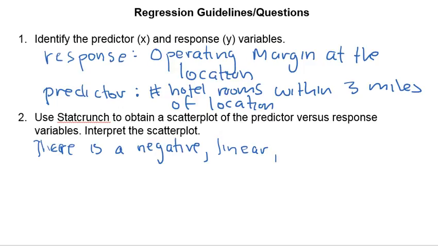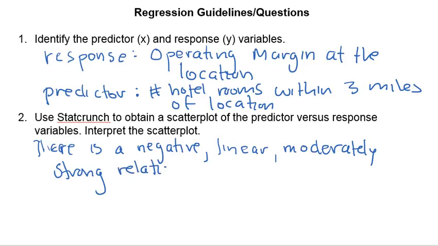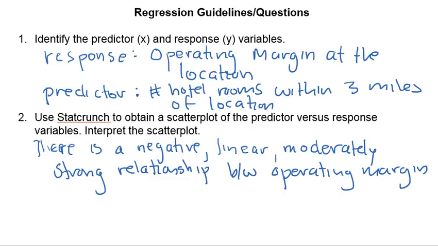And the correlation is negative 0.47, so that is moderately strong. And relationship between operating margin and number of nearby hotel rooms.